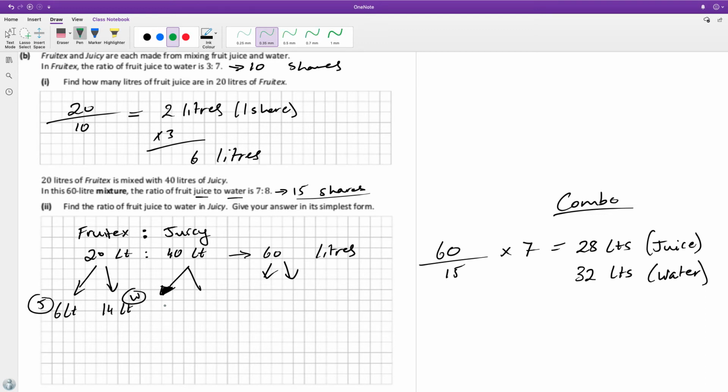So we know 22 litres is juice. And how much water? 14 from 32? 18. And that's the break. Yeah. So what's 22 to 18? Break it down. 11 to 9. Exactly. Good stuff.